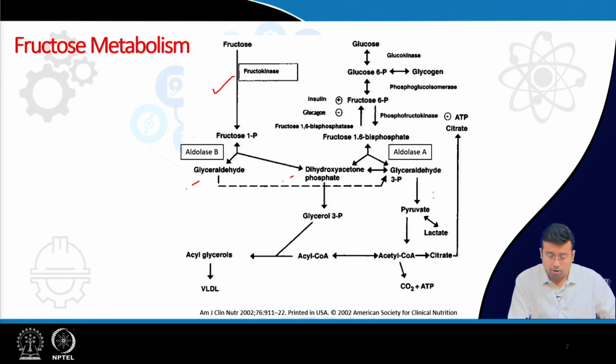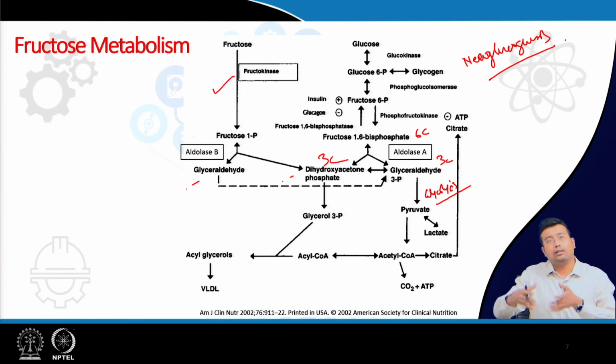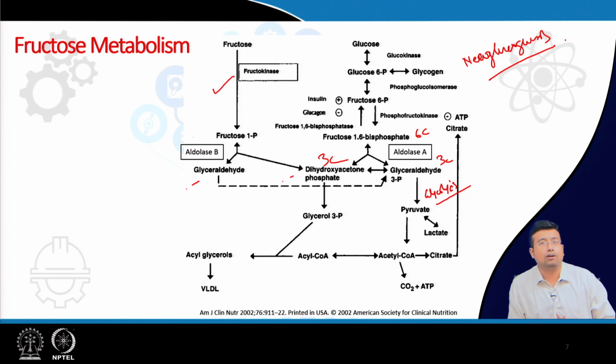Whenever you see pyruvate and lactate, it is glycolysis, right, or they can be acted upon by other enzymes where the 3 carbons are getting converted to 6 carbon, and ultimately the reversal of glycolysis is happening, and this is neoglucogenesis or gluconeogenesis. So, fructose can enter carbohydrate metabolism, and they can be diverted into glycolysis or gluconeogenesis depending on the requirement.